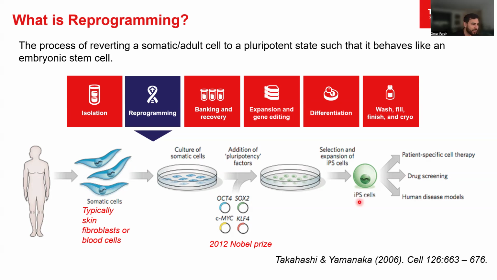Notice that the induced here is referencing the forced expression of these four factors in that somatic cell in order to get it to that pluripotent-like state, i.e., what we call induced pluripotent stem cells. And I should note, and we'll talk about this a little later on, that due to his work on reprogramming, Shinya Yamanaka actually received the Nobel Prize in 2012.